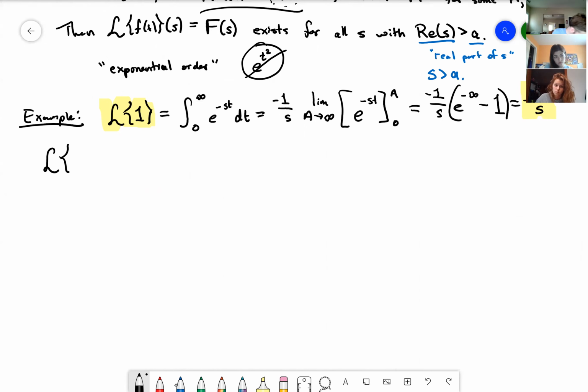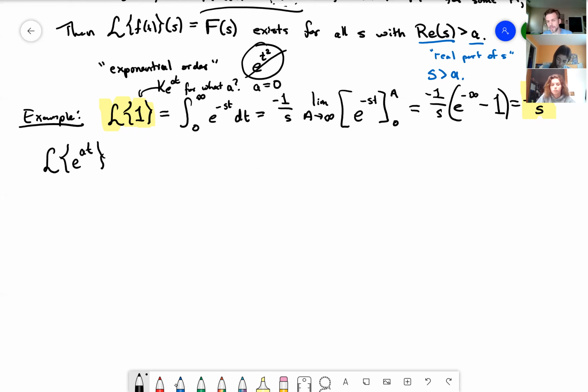What is the Laplace transform of e to the at? Oh, I should also say this is bounded by e to the at for what a? Well, we can say for any a, but it's definitely bounded for a equal to 0. We also have a constant that we can play with up front, but it won't be necessary.